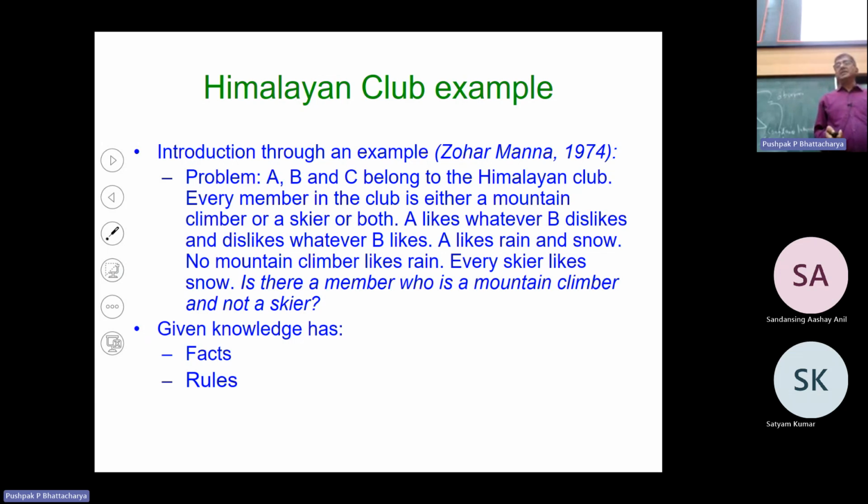A likes whatever B dislikes and dislikes whatever B likes. A likes rain and snow. No mountain climber likes rain. Every skier likes snow. Is there a member who is a mountain climber and not a skier? So this is a puzzle, very popular kind of puzzle in competitive exams, and we found out that the answer is B.